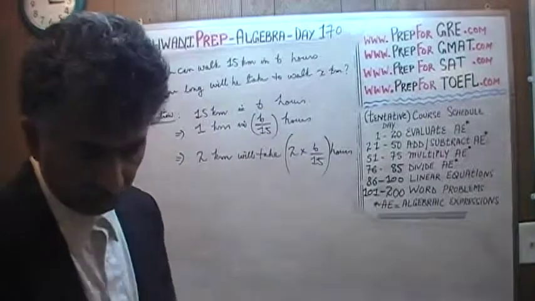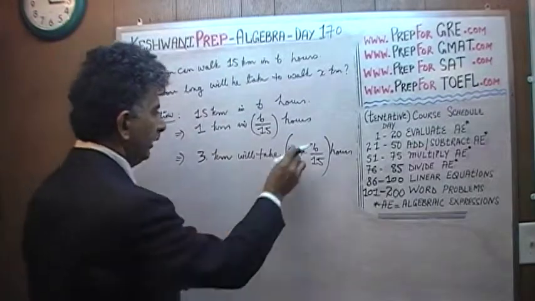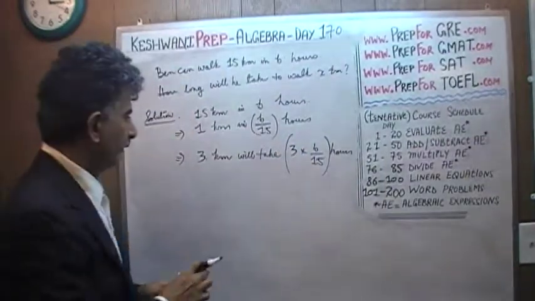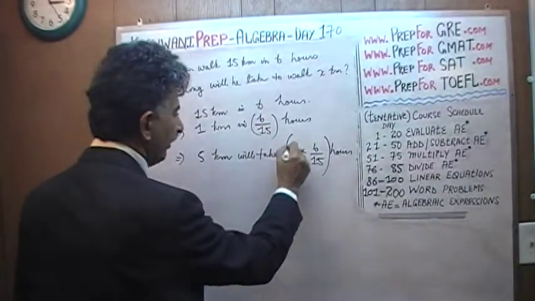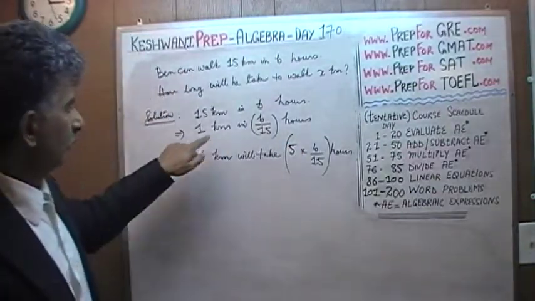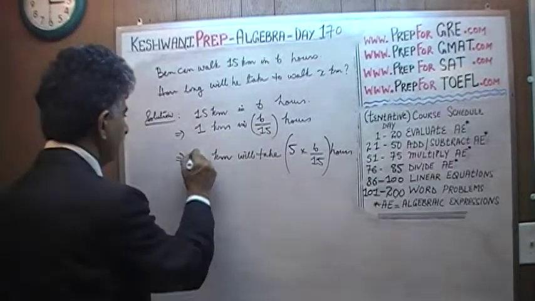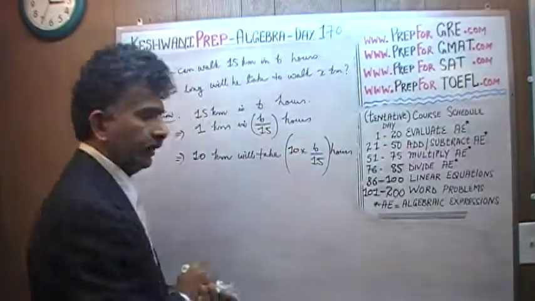And instead of 2 kilometers, if we were to walk 3 kilometers, 3 kilometers will take 3 times the amount that he's taking for 1 kilometer. And 5 kilometers will take 5 times the amount of time. Makes sense. 10 kilometers will take 10 times the amount of time.